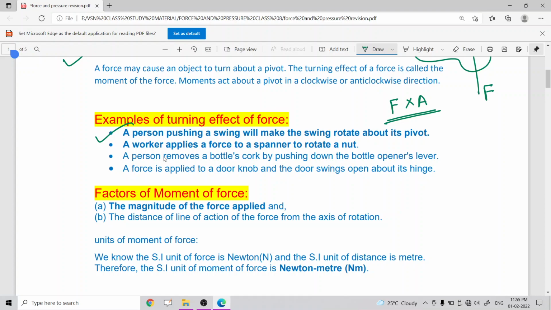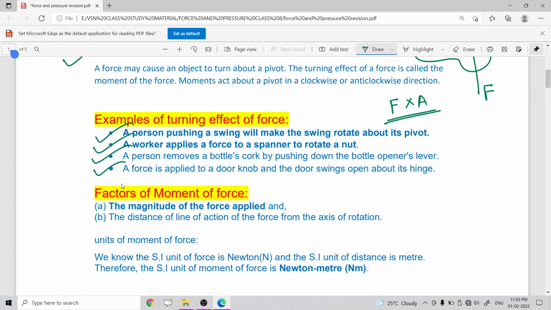A worker applies a force to a spanner to rotate a nut. A person removes a bottle cap by pushing down the bottle opener lever. Here also you can find the turning effect. Also, a force is applied to a doorknob and the door swings open about the hinge.